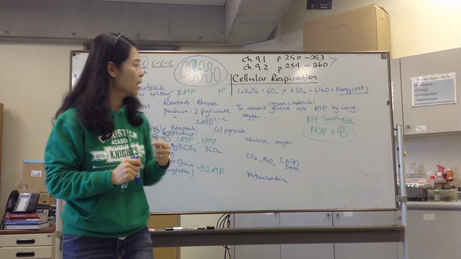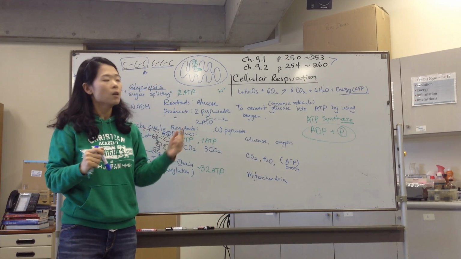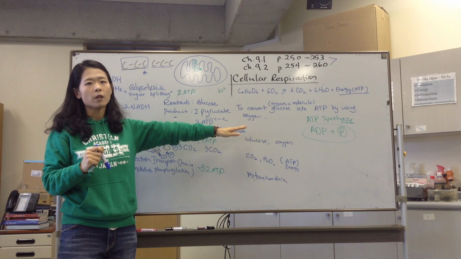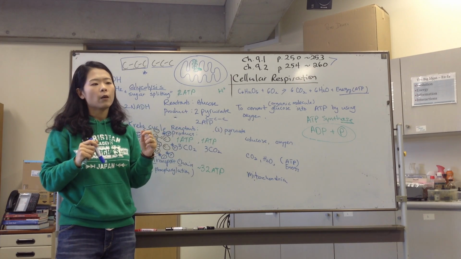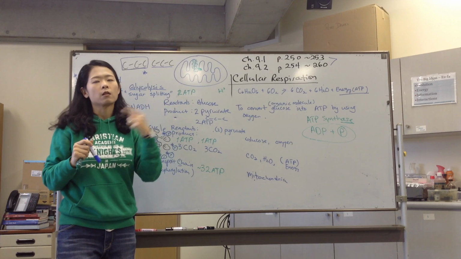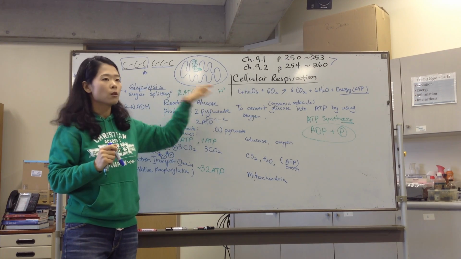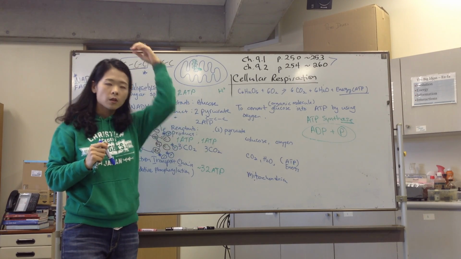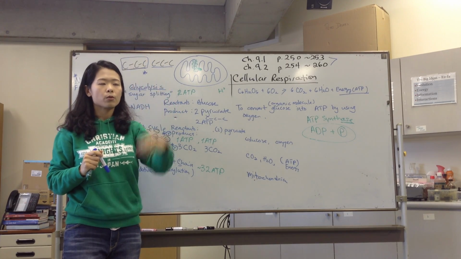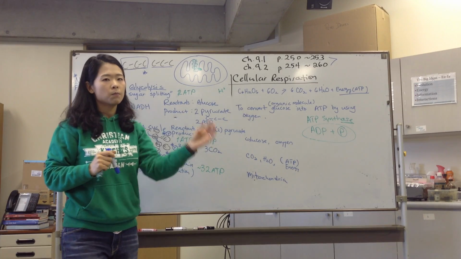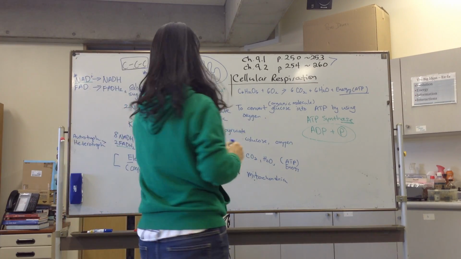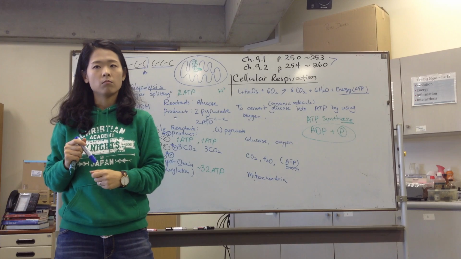As long as it's going around and around, it will keep making ATP. What keeps it rotating continuously is the flow of protons through it. The flow of protons through the synthase keeps it going, and that will continuously make ATP.